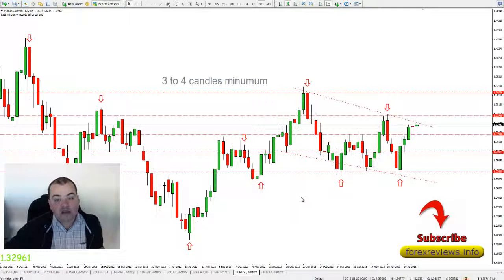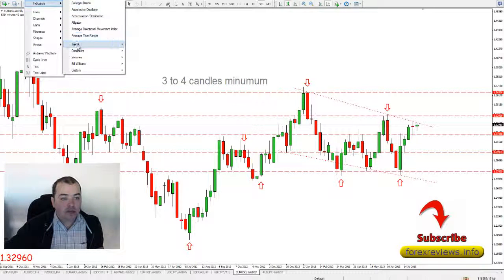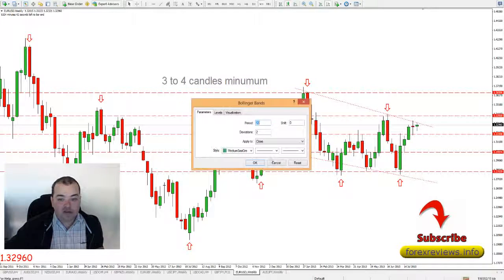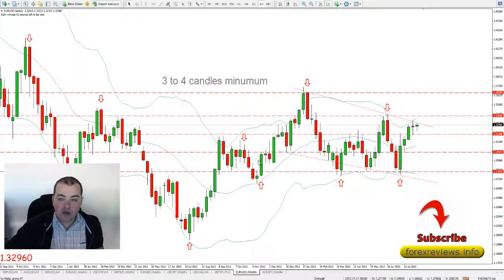And you're going to get wrong signals, okay? But most of the time it's going to be correct. And if you follow the system of 3 or 4 candles, 4 being even better, you'll find that you're right most of the time. Now, let me chuck in the extra confluences with Bollinger Bands. You would have taken this signal, but you wouldn't have taken this one.